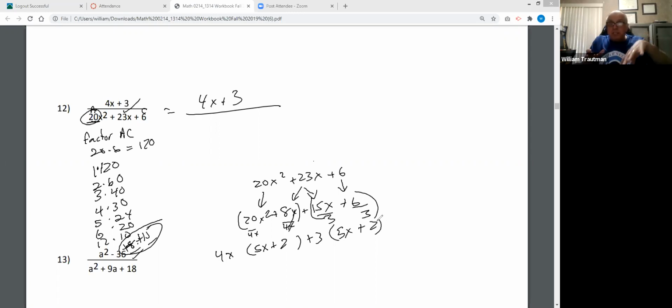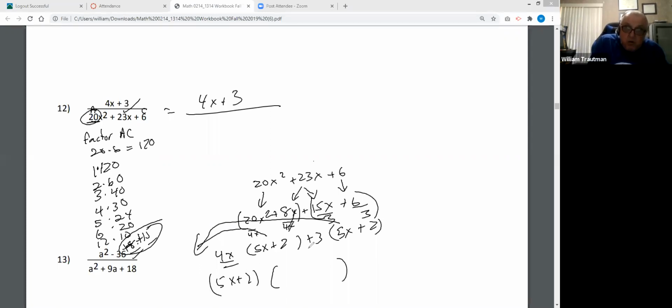Once the parentheses are identical, the parentheses factor out. 5x plus 2 factors out in front. Whatever's left over, 4x plus 3. So the factors are 5x plus 2 and 4x plus 3.